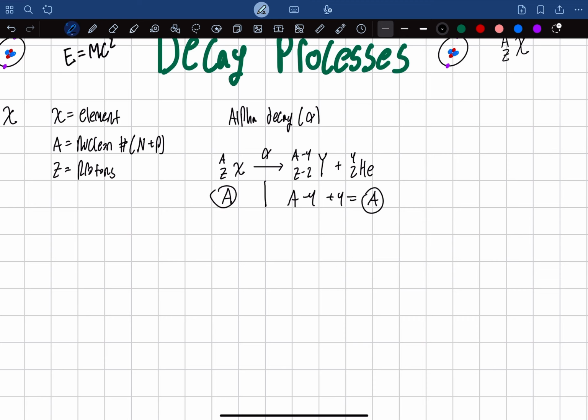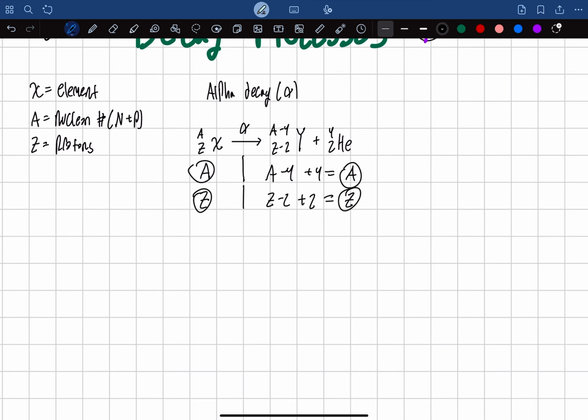If you also look at the charge, you can think of a proton as a charge. There's a Z number of protons, we don't know, but on the other side, it's going to be Z minus 2 plus 2, which is also equal to Z. So it's equal on both sides too. So it's conserved. That's a very important thing when dealing with any of these questions. It has to be conserved, the nucleon number and charge.